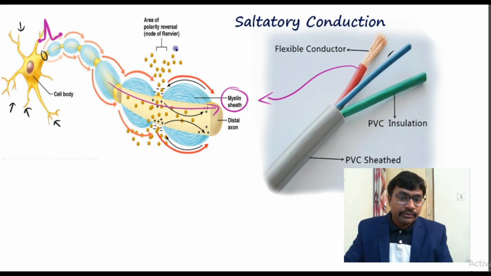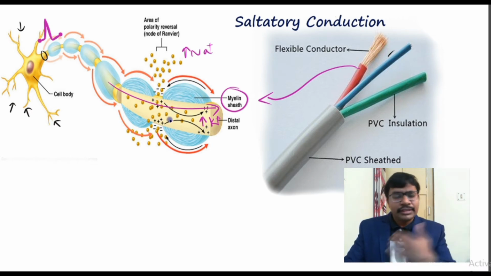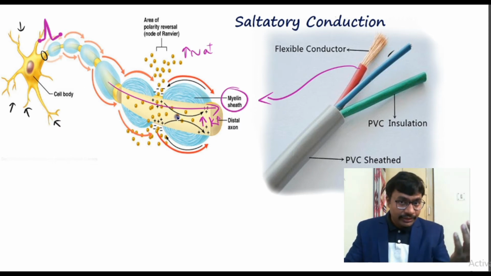Suppose we have more sodium outside, in the ECF, and more potassium ions inside the cell. So we have more sodium outside and more potassium inside, and a potential difference across the cell membrane of any excitable tissue, whether it is neuron or muscle.